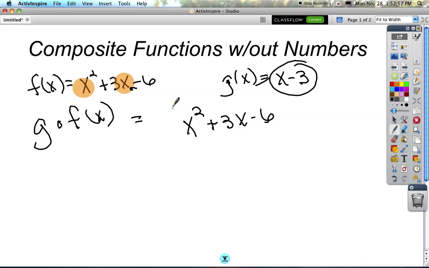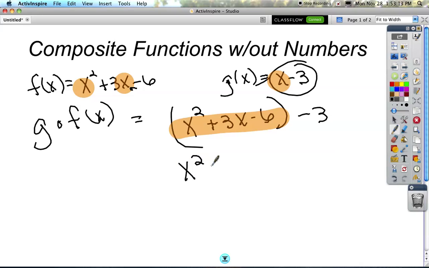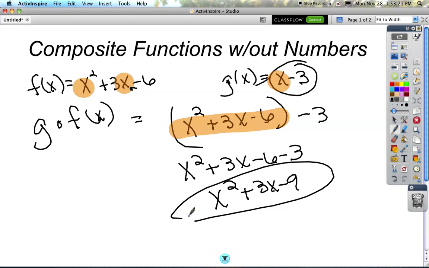But look, I'm not squaring that. What am I doing to it? Minus 3. That's not bad at all, is it? So, x squared plus 3x minus 6 minus 3. Minus 9. There you go, that's easy.